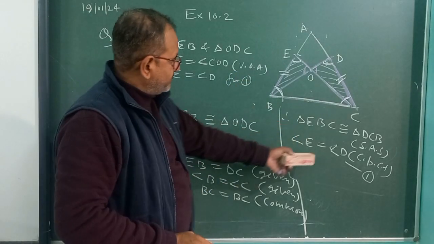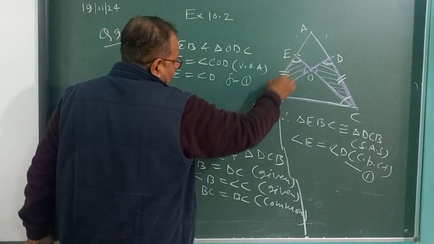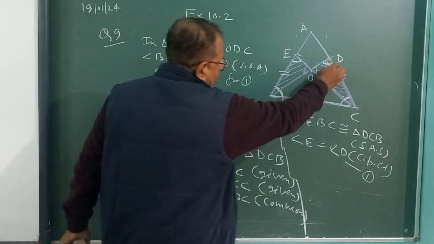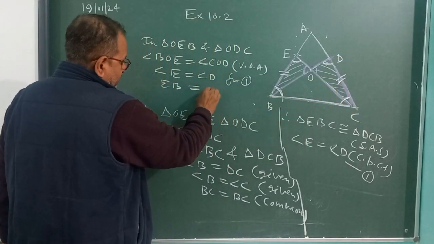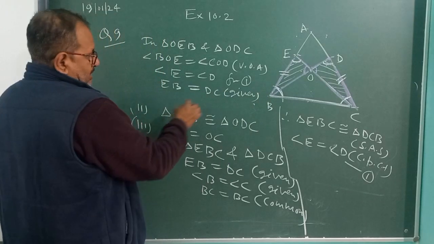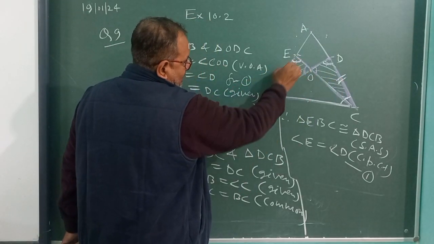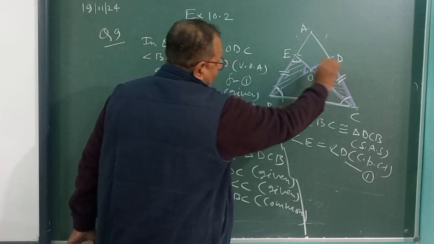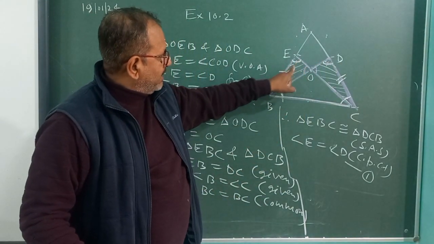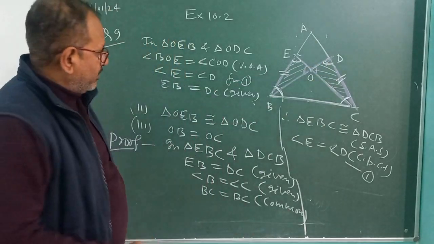We have proved it. Angle E and D, and one side EB is equal to DC. It is given. So we can see that angle, angle, side, both the triangles are congruent.